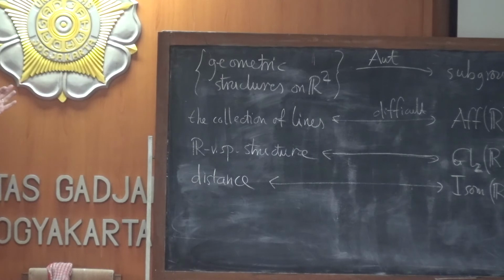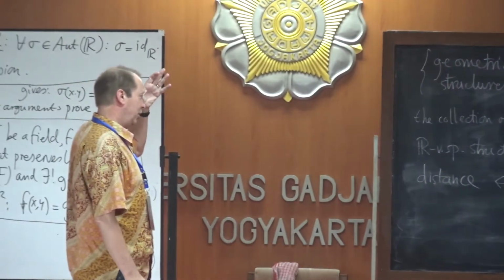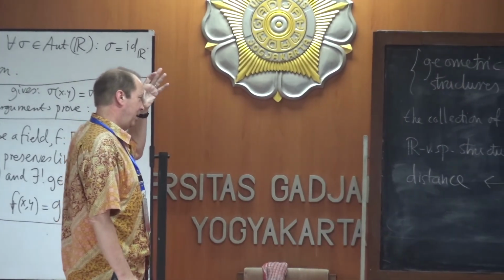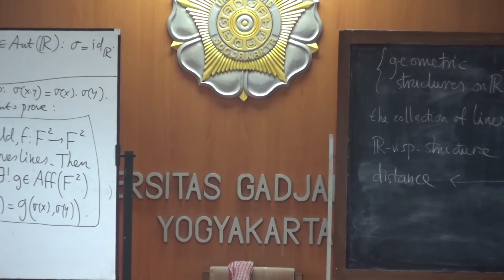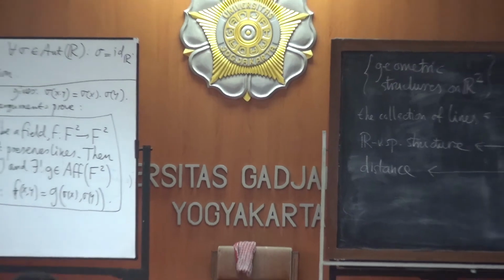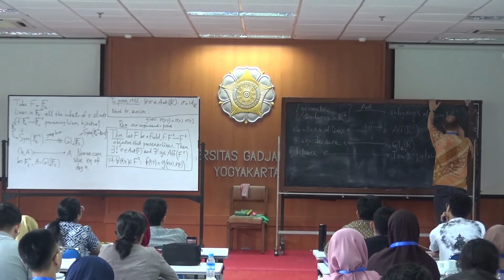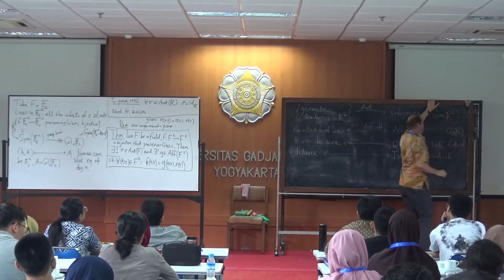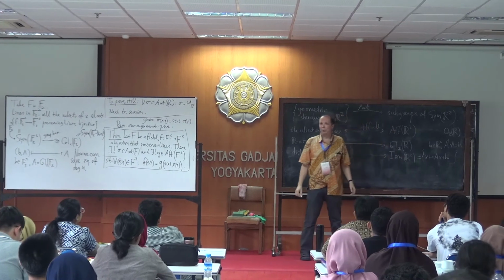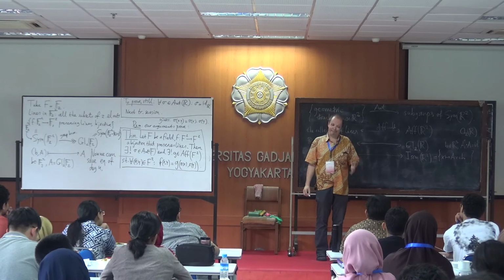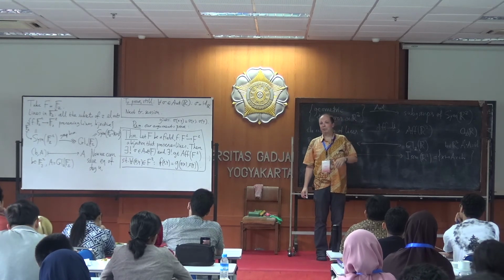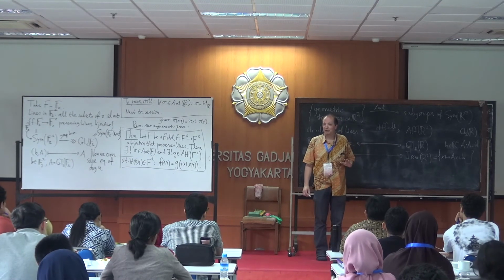We can say, well, what if we want to have here this group? This A is in the group that is called O2, of two by two matrices. It consists of rotations and reflections, right?